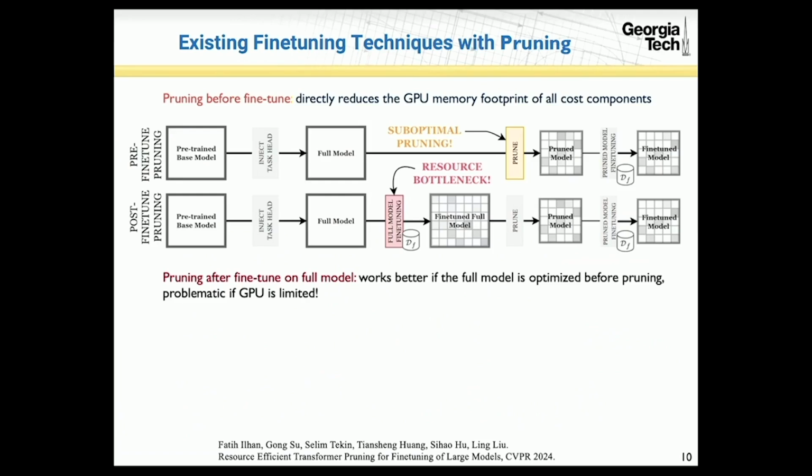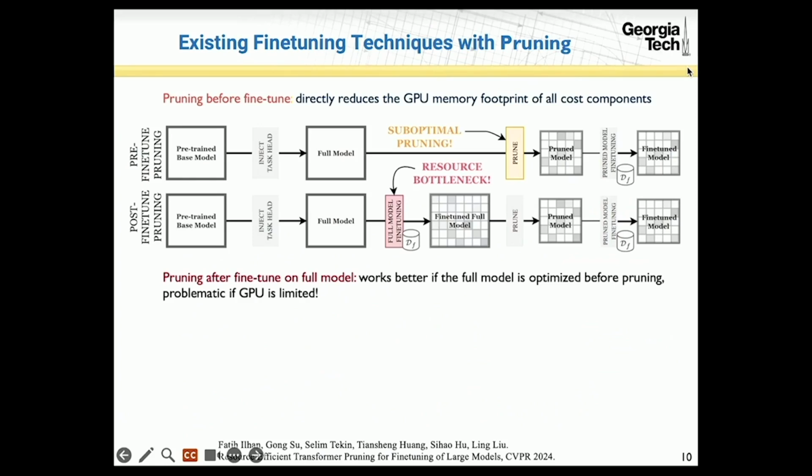At the top, you inject the task head into the full model, then you prune the full model, then you send the pruned model to the GPU to train it on the fine-tuning data. In that case, your pruning does not use any fine-tuning data. Therefore, you lose a little bit of accuracy, because your pruning does not take the downstream fine-tuning data into consideration.